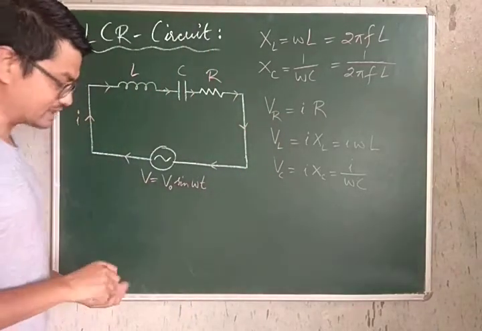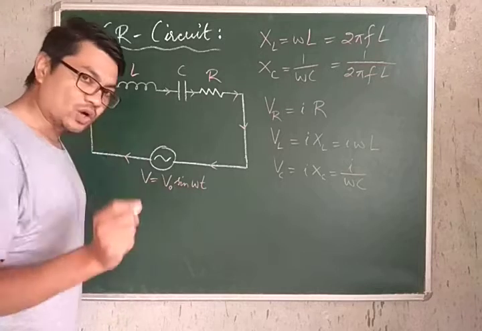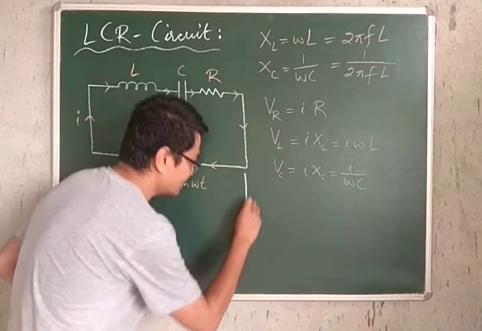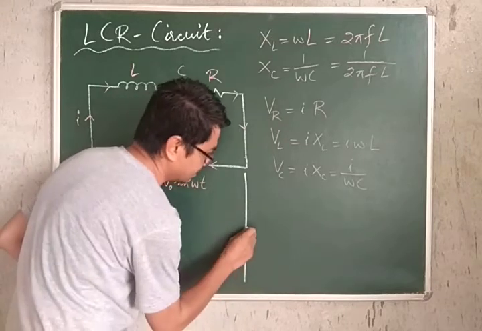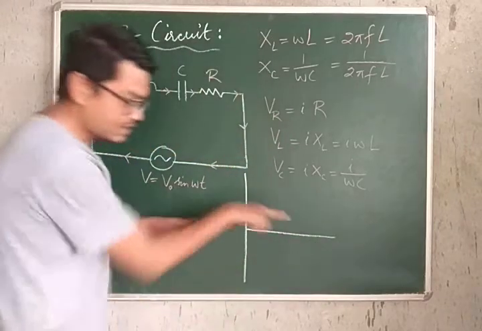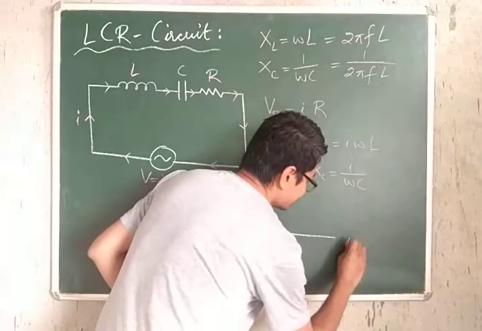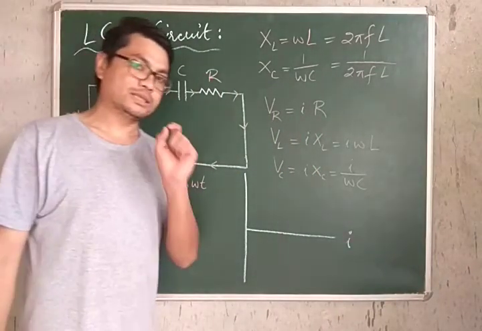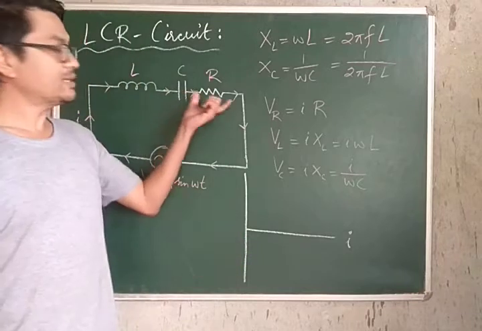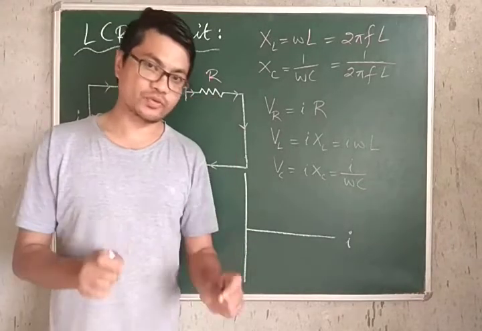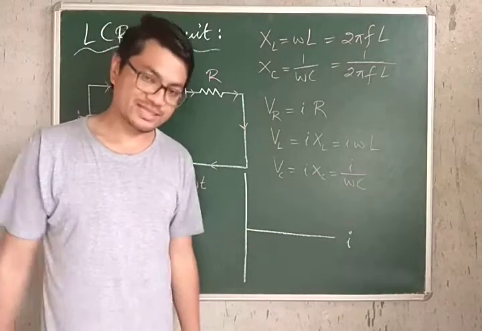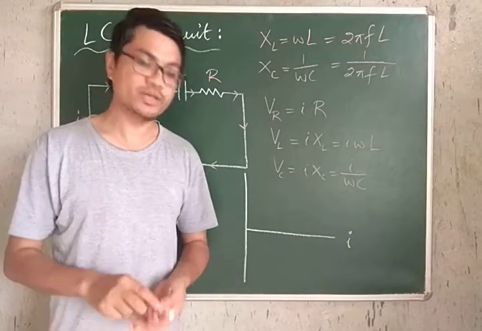Now, let us draw a phasor diagram for this circuit and try to understand it clearly. Let the horizontal line represent the direction of the current. We've already studied that in a purely resistive circuit, the potential and the current are in phase.